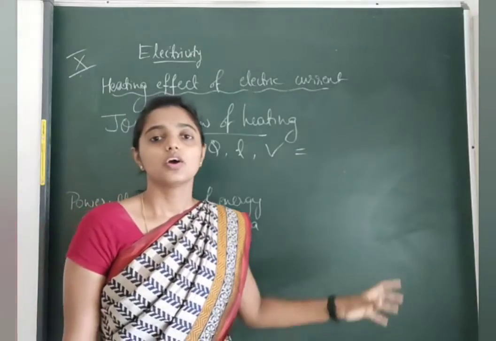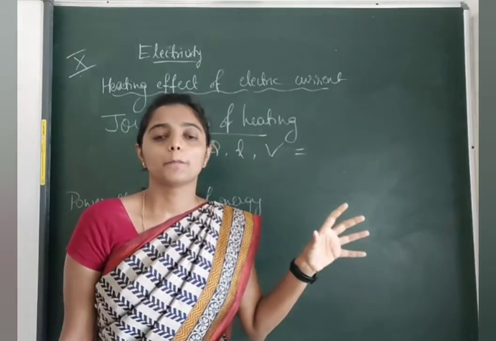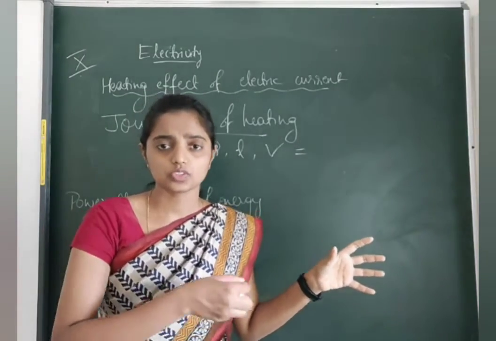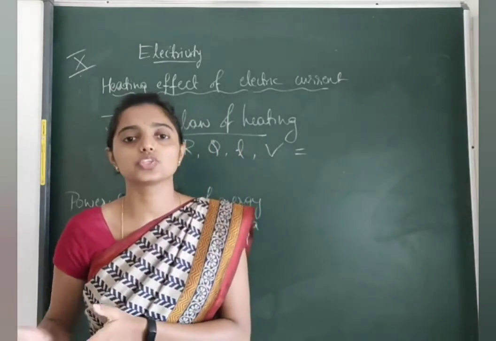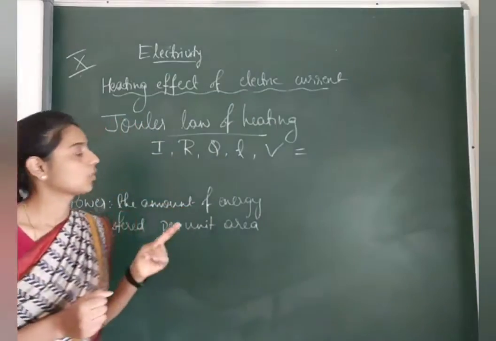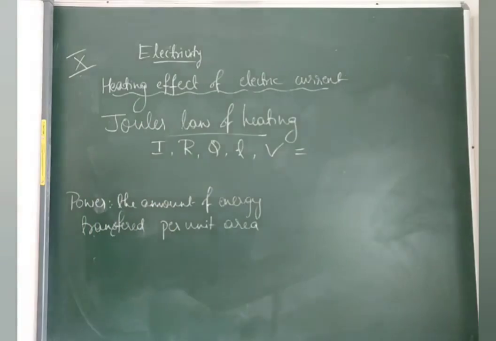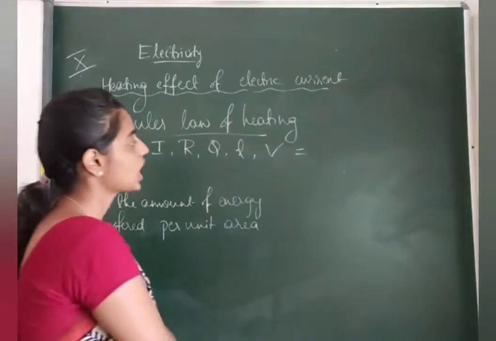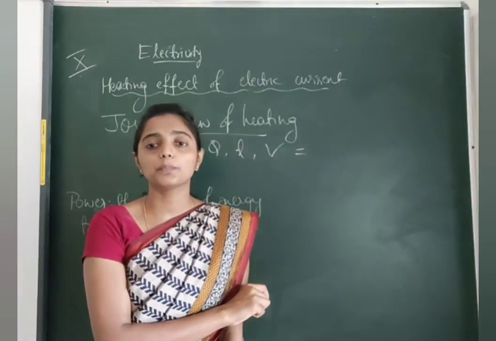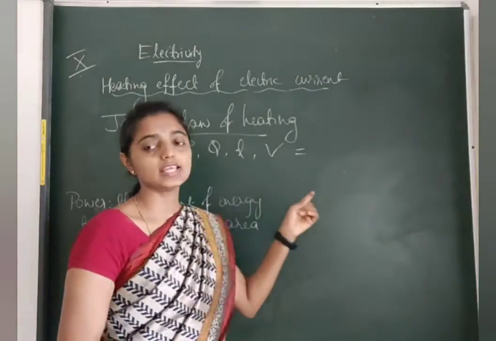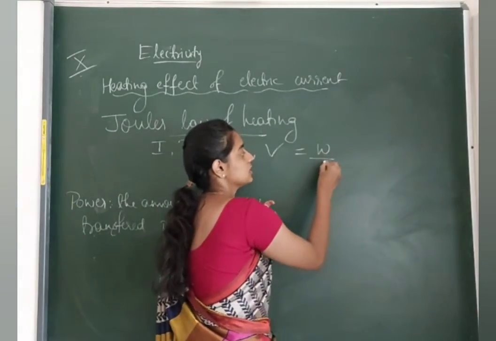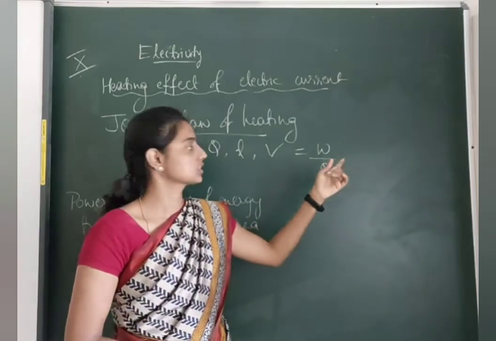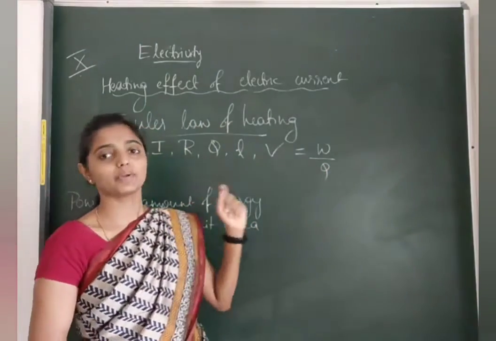It is the work done to move a unit charge from one point to another point. Now you need to recall those definitions. With formula, V is equal to W by Q, where W is work done and Q is charge.